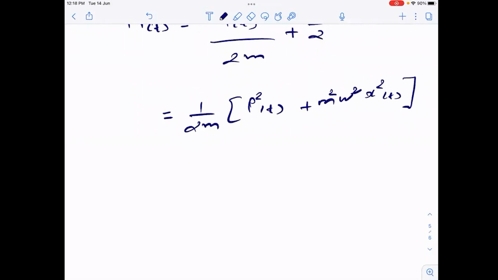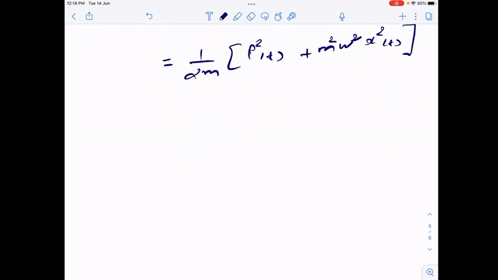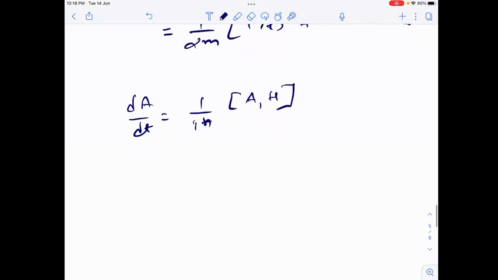Now we are in the Heisenberg picture. The operator is time dependent, right? And its rate of change is given by the relation that we saw yesterday. What was that? dA by dt is equal to 1 upon i h cut times the commutator of A and H. Remember? Correct.